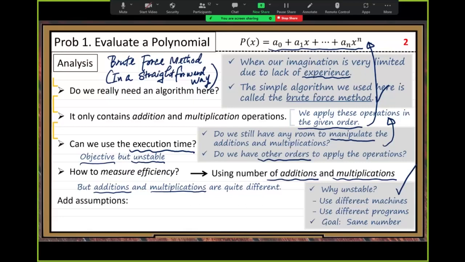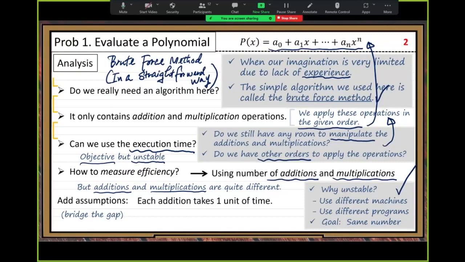So to make it fair, when we incorporate additions and multiplications, we need to make some reasonable assumptions here, to bridge the gap between additions and multiplications.